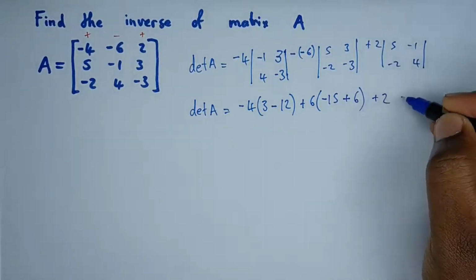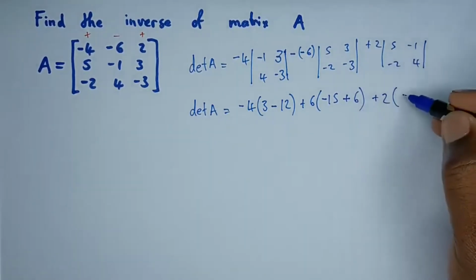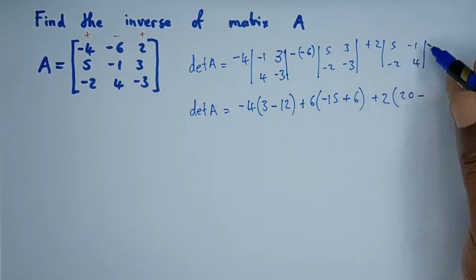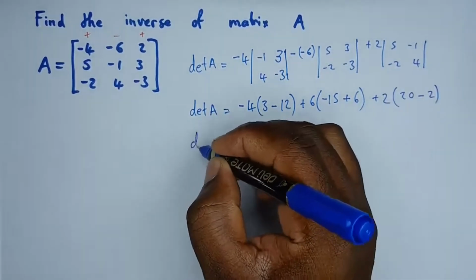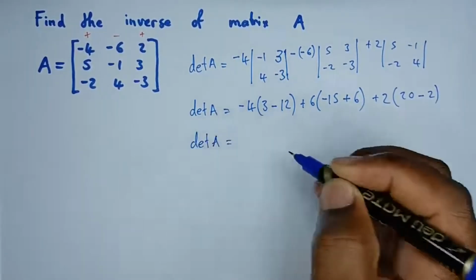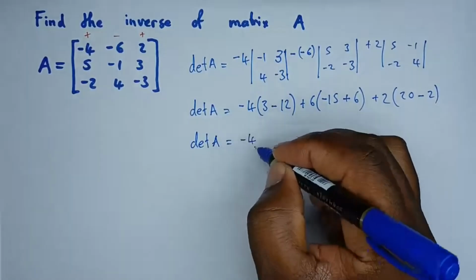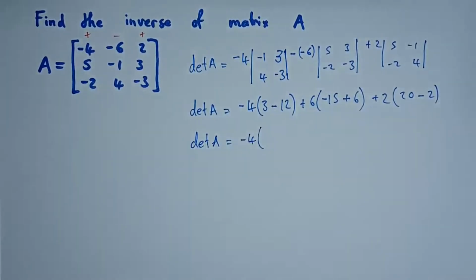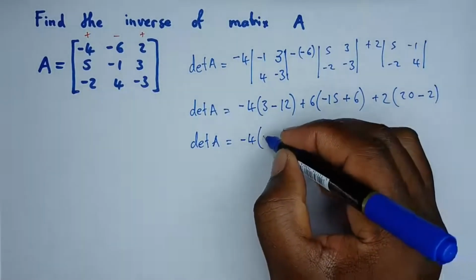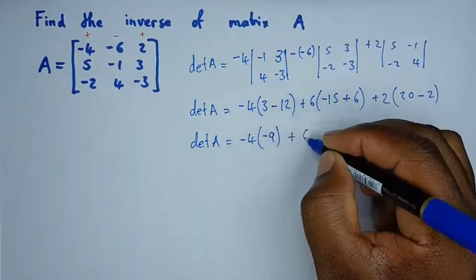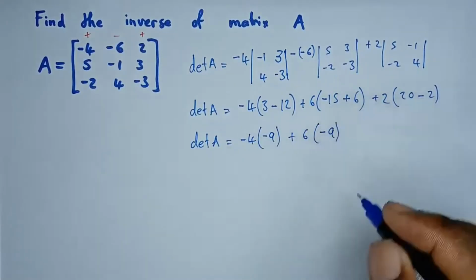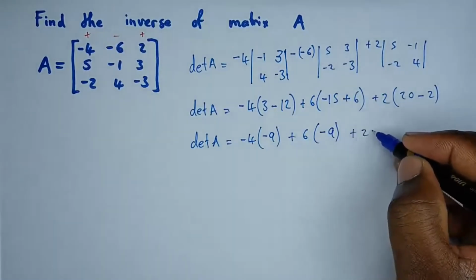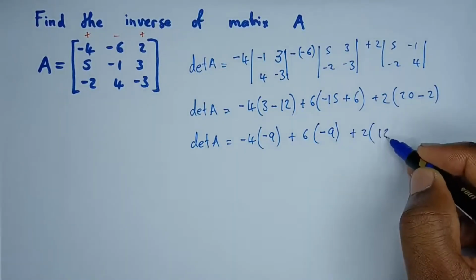Then plus 2: 4 times 5, that's 20, minus 2 times 1, that's a +2. Okay, so the determinant is given by -4 here. Then 3 minus 12 will give us -9, plus 6, this will give us -9 again. Then plus 2, this will give us 18.